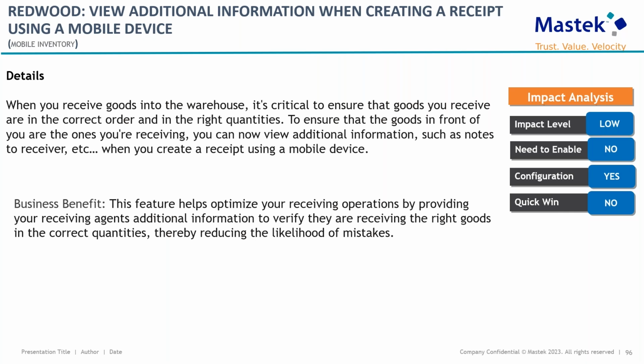When creating a receipt, users can view extra details like notes to receiver, supplier part number, manufacturer information, item description, and deliver to location as well, right from the receive item card and enter receipt drawers. This adds visibility, helps ensure that goods are verified properly before the receipt is confirmed, reducing errors and improving the accuracy of inbound processing.